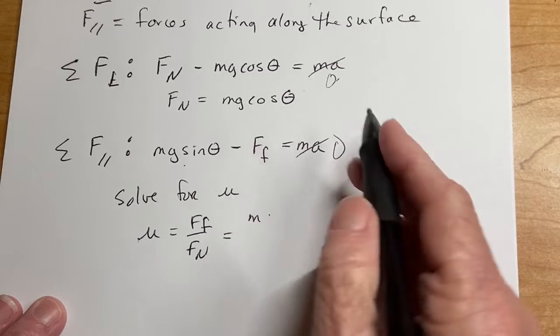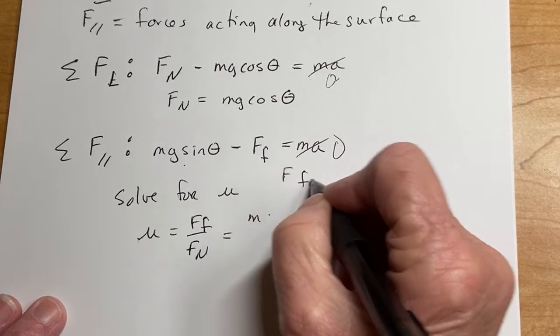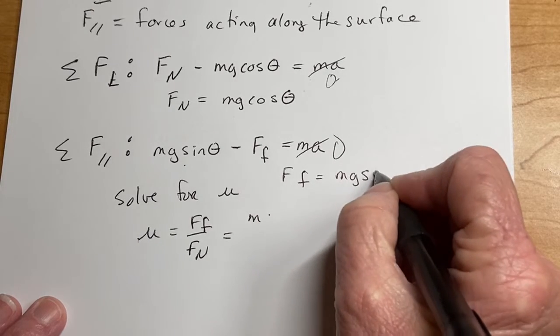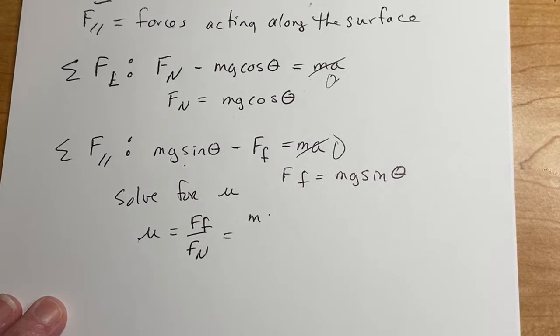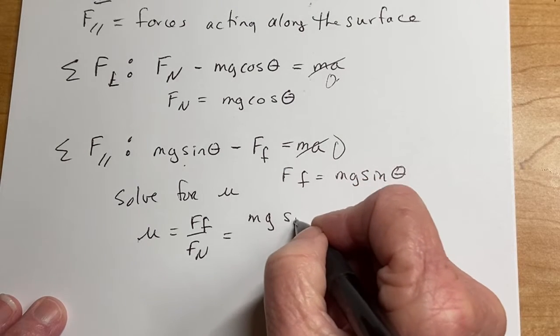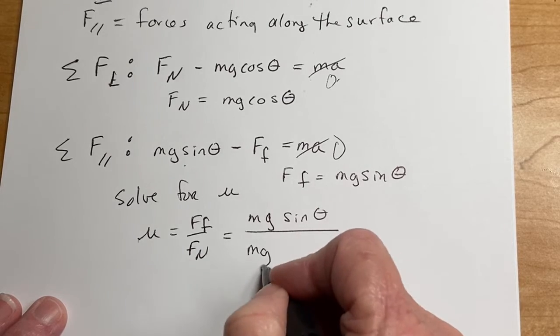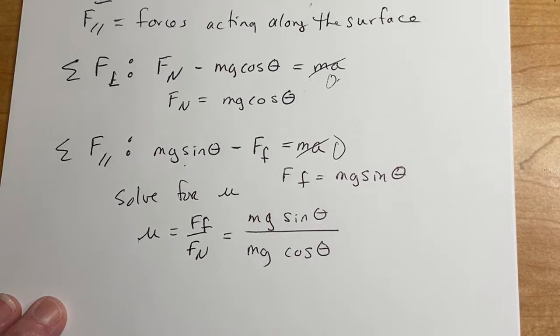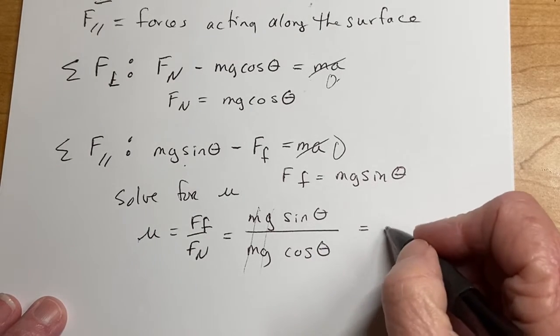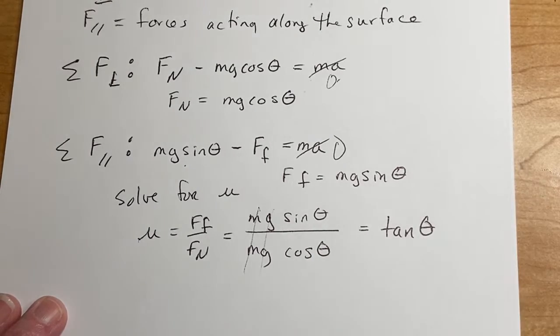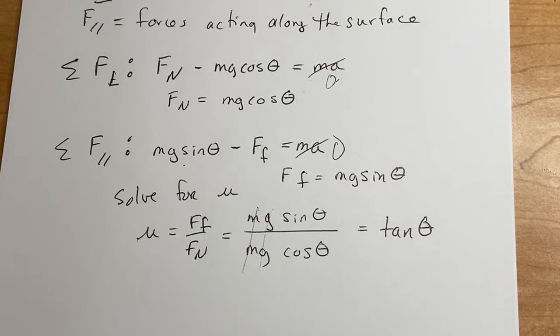Because these are equal, it would be mg sine theta, my bad. So we have mg sine theta over mg cosine theta. You see a whole lot of things cancel, so it ends up being mu is equal to the tangent of theta. So there's a shortcut to figuring out mu if you know something's at constant speed or at rest.